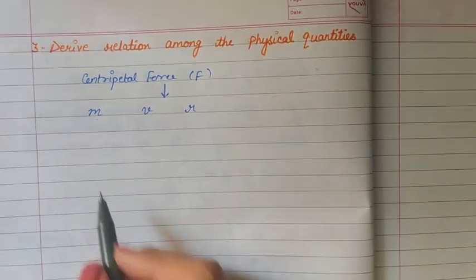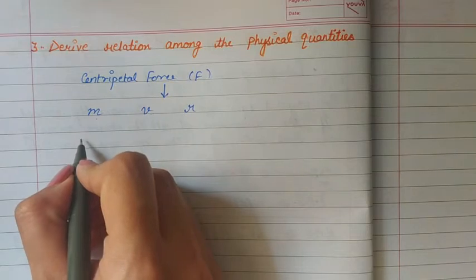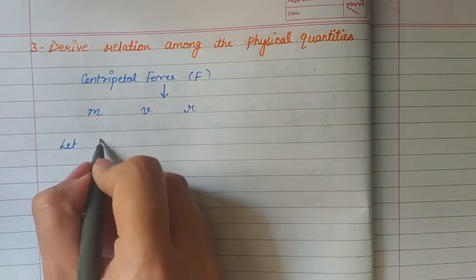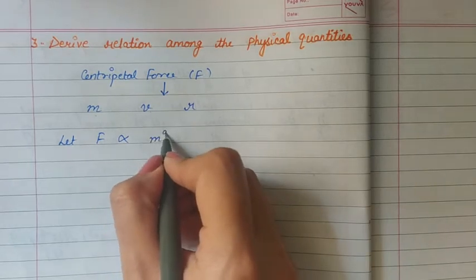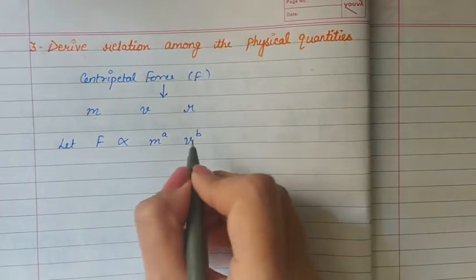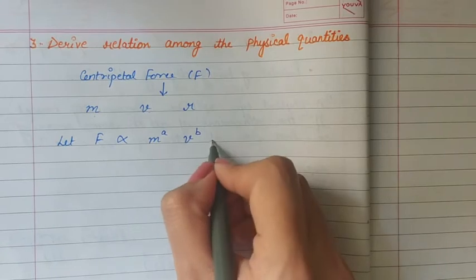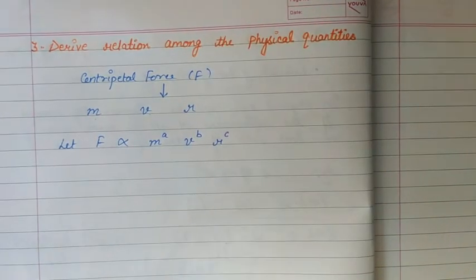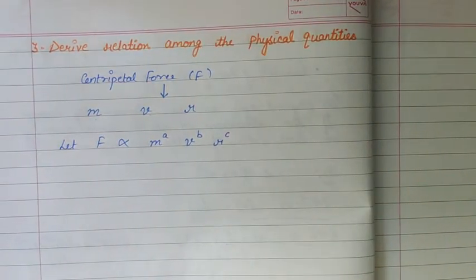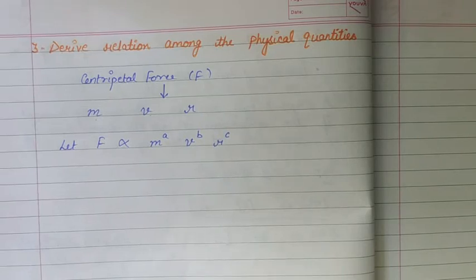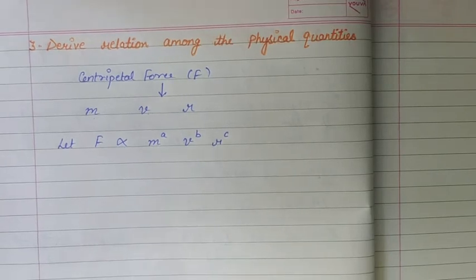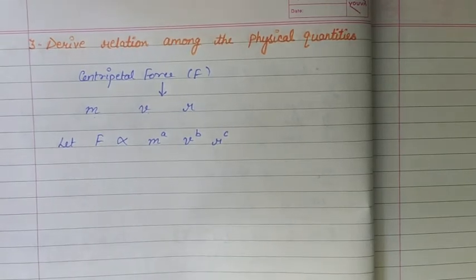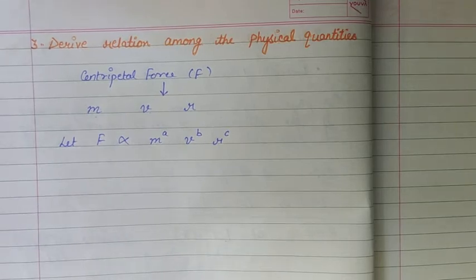So for this I am going to consider that this force F is proportional to some powers of m, some powers of velocity and some powers of radius. As we don't know what are these powers, it can be square, cube, 1, 4, minus 1, minus 2 or any, right? So I just consider that force depends on some powers of these factors m, v and r.